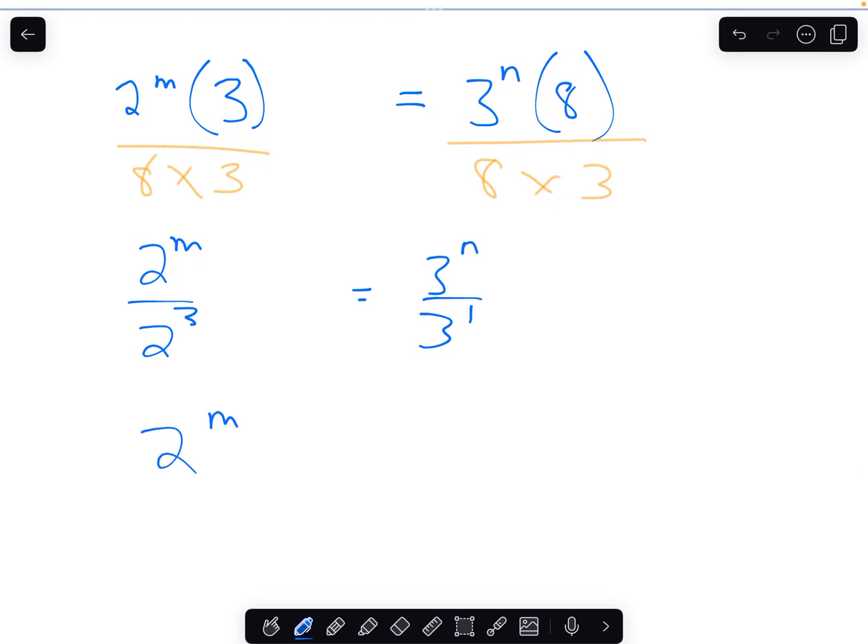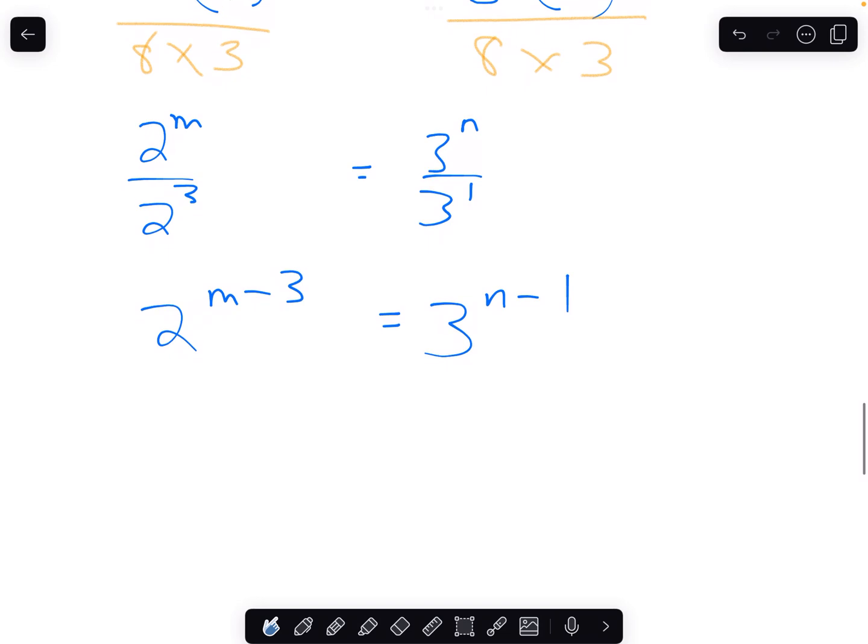So then this is 2 to the m minus 3, which is equal to 3 to the n minus 1. And so essentially the question is, what powers do 2 and 3 share in common? And the assertion that they make is that the only power they have in common is 1.